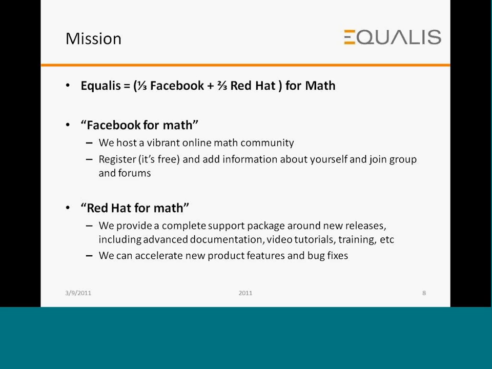So we at Equalys have built together a community of math people. So if you want to connect with other people who are interested in solving math problems or computation, Equalys is the place to be. You can register and it's free, and you can add information about yourself and join groups and forums. On the other side of it, a major portion of what we do is being the Red Hat for math.